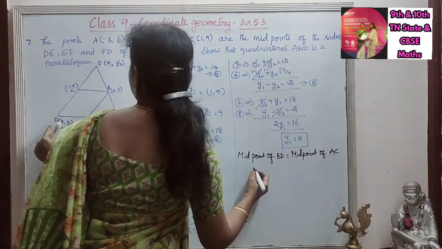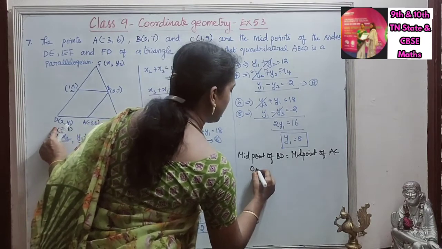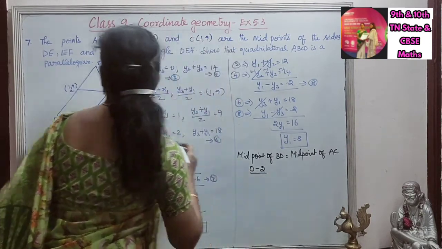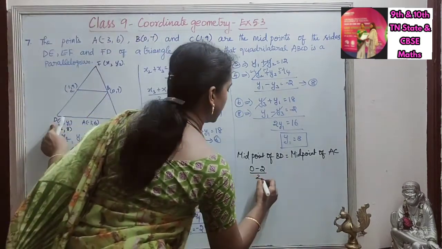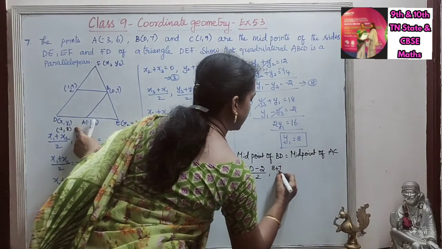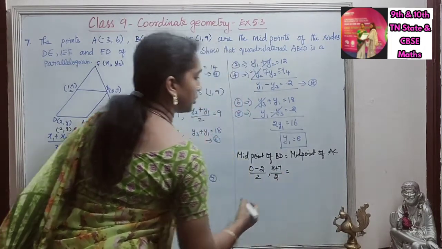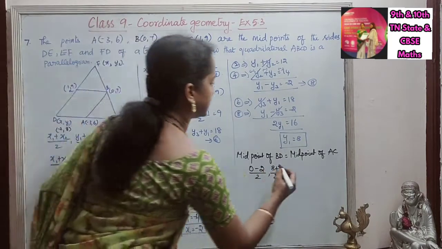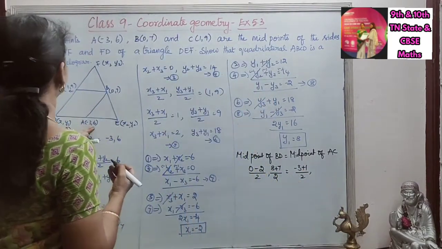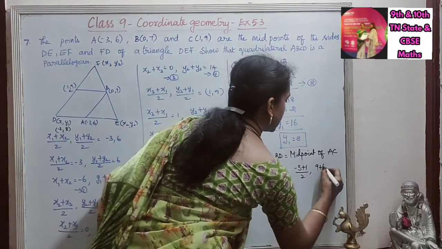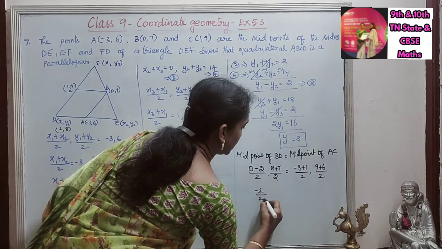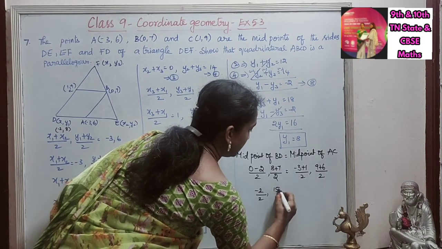Midpoint of BD: we got x1 as minus 2 and y1 as 8, so the midpoint of these two is (0 minus 2) by 2, comma (8 plus 7) by 2. This is equal to the midpoint of AC, which is (minus 3 plus 1) by 2, comma (9 plus 6) by 2.